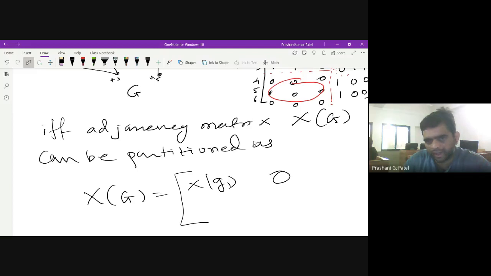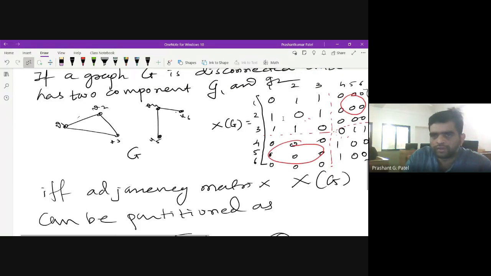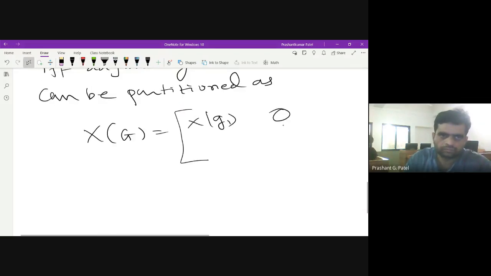This is a 0 matrix. X of g1 is the matrix I told you about, and this is X of g2. This is g1 and this is g2. This G is partitioned into 2 parts. It has 2 components. So that is the way you can represent it here, 0, X of G2.